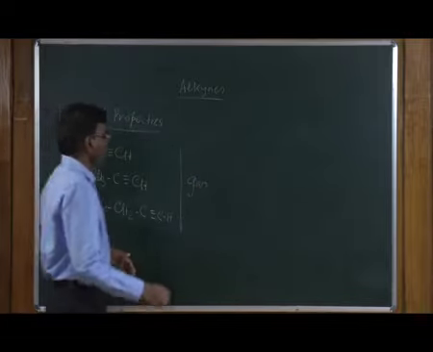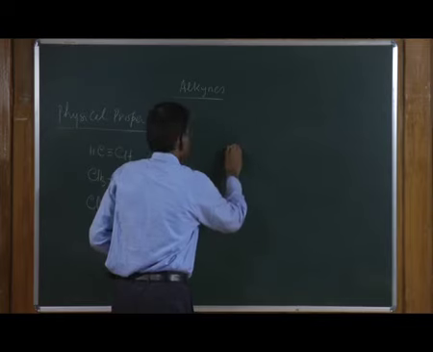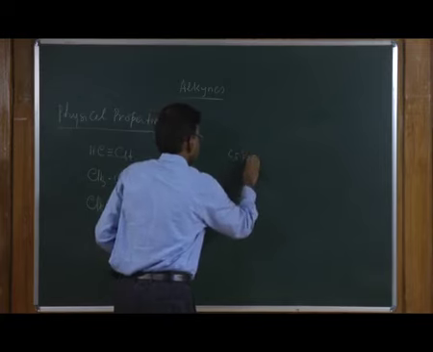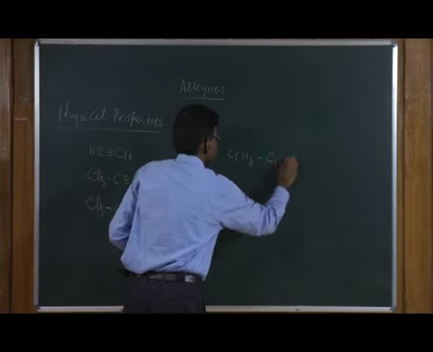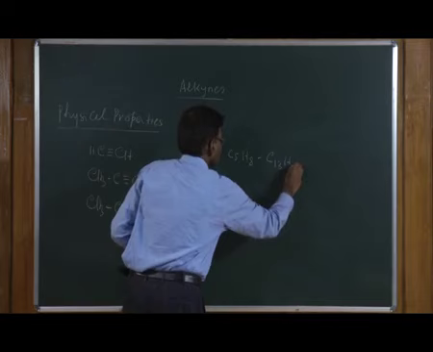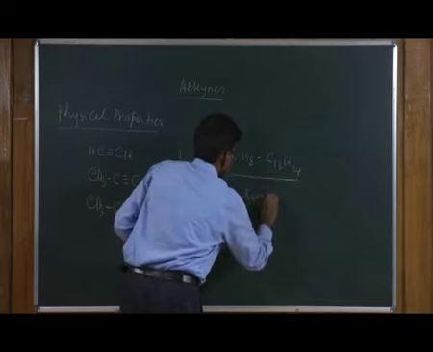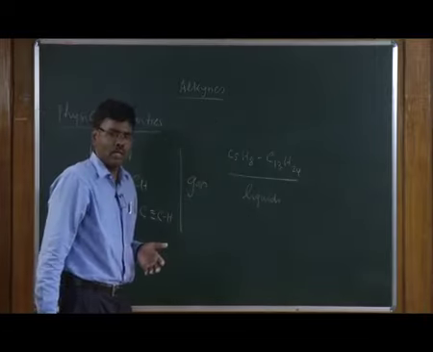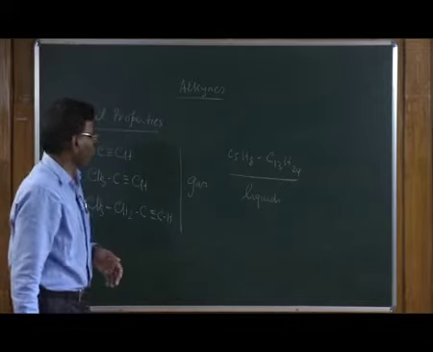The next 8 members, C5 to C13, are liquid compounds. After that, all are solid compounds. Higher molecular weight alkynes are solid compounds.